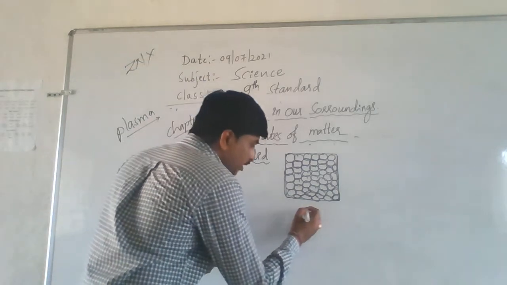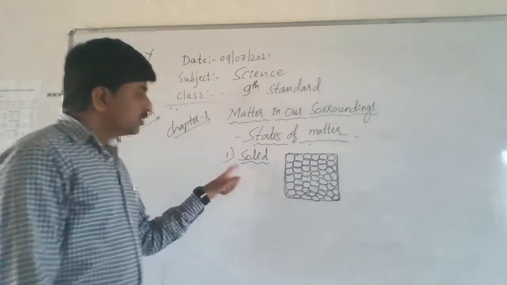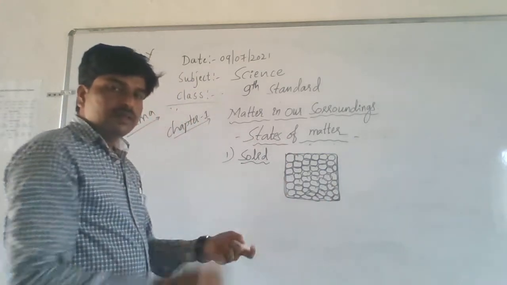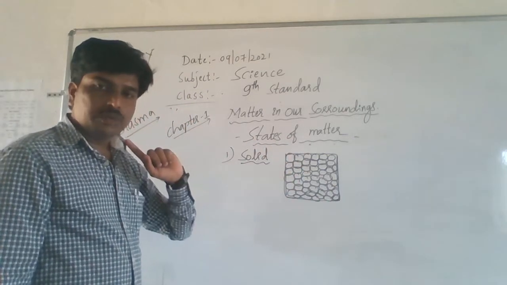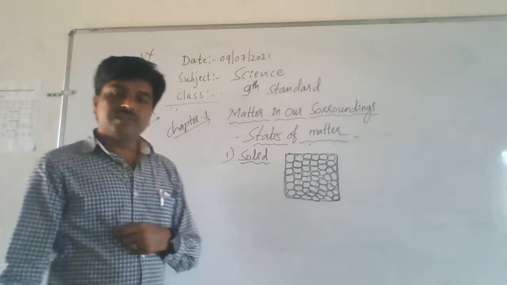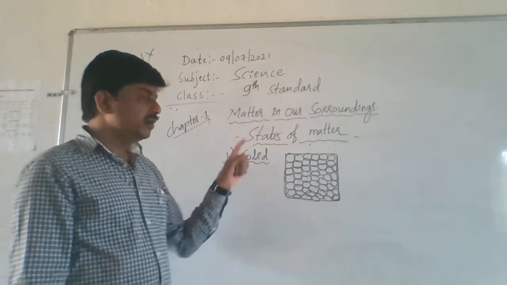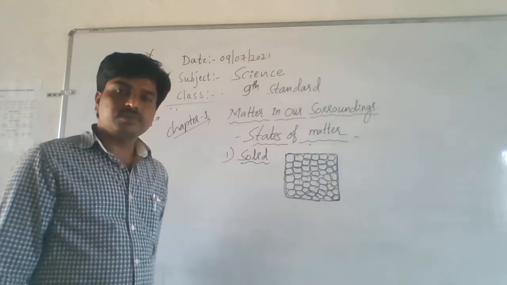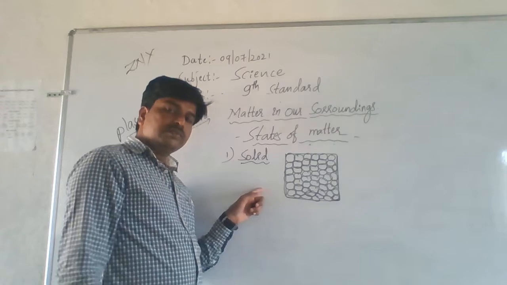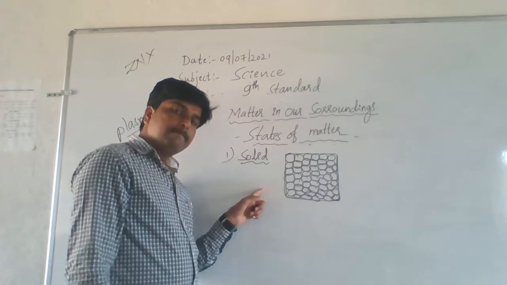This is a solid material. Just see this figure. Consider these circles as particles. See this figure and say how is the arrangement of particles in a solid. Can you say?